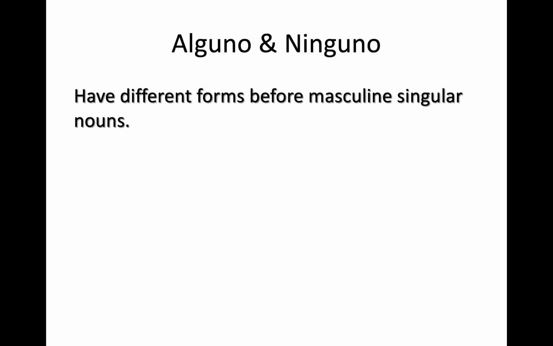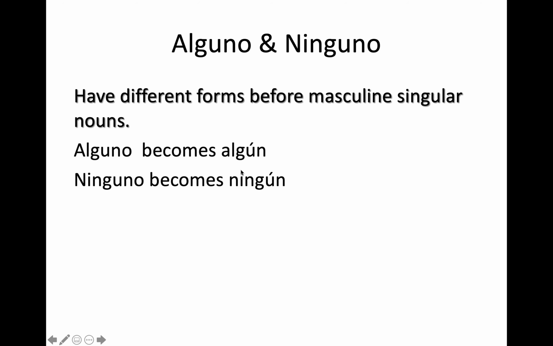Now, be careful with alguno and ninguno, okay? Because if you're describing something masculine, but it's only one, then you have to drop the O. It becomes algún. And the same thing with ninguno: if the noun is masculine and it's only one, you have to drop that O and it becomes ningún.